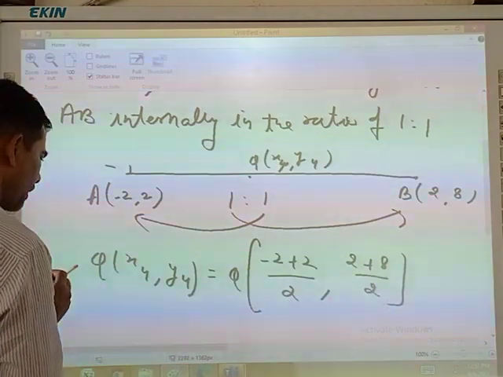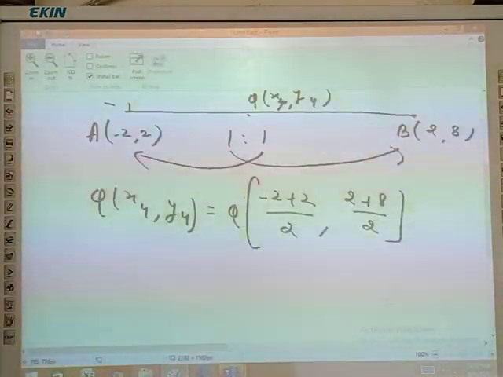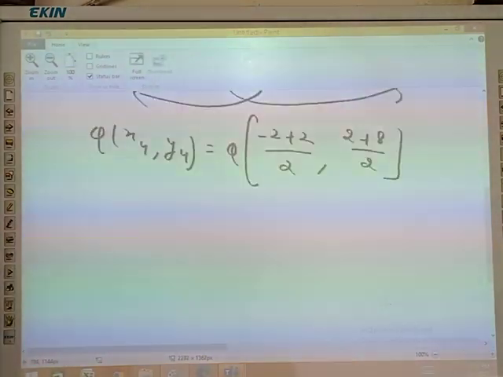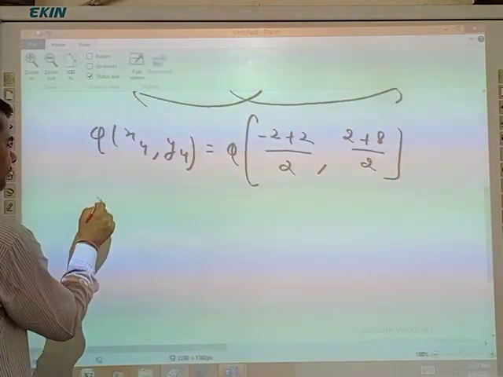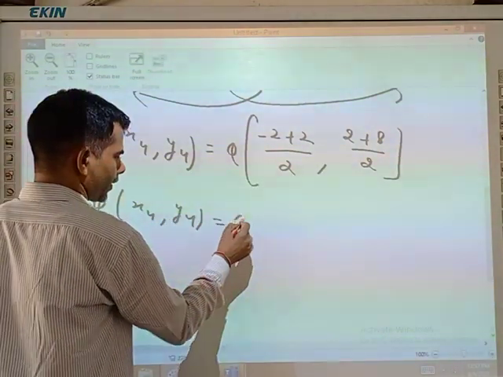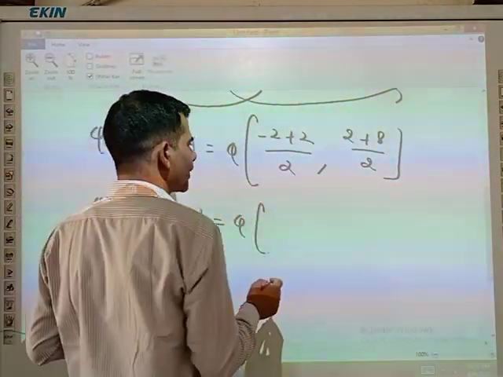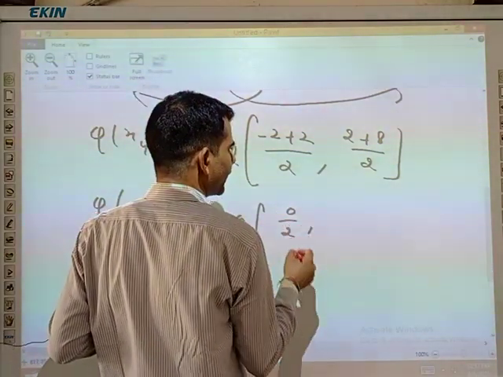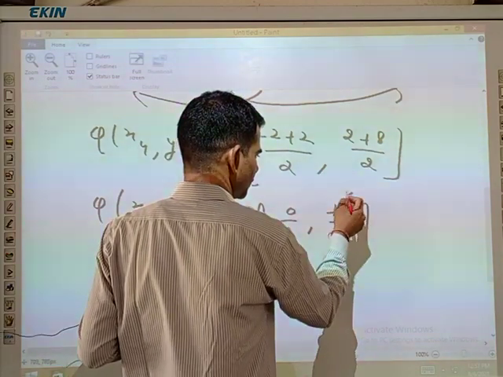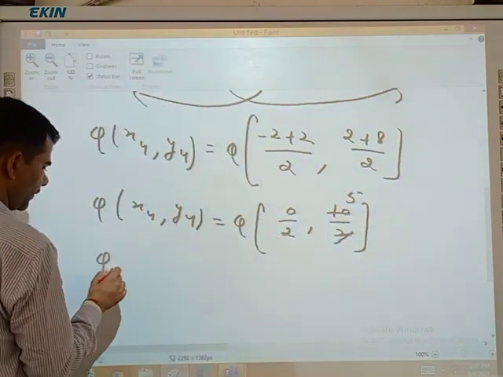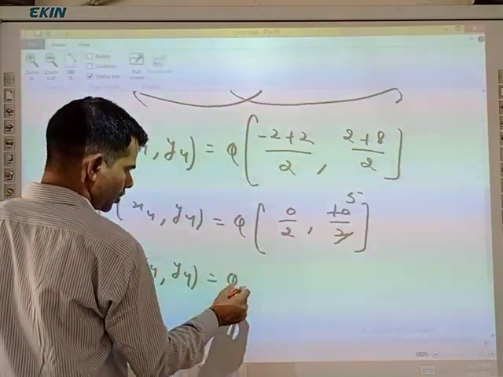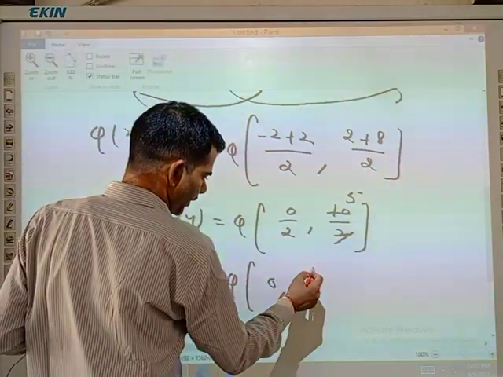Now the coordinate of point Q, x4, y4: -2 plus 2 is 0 divided by 2, and 10 divided by 2. So Q is (0, 5). Any problem?